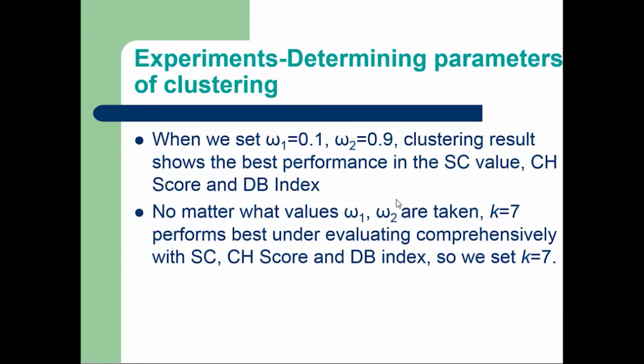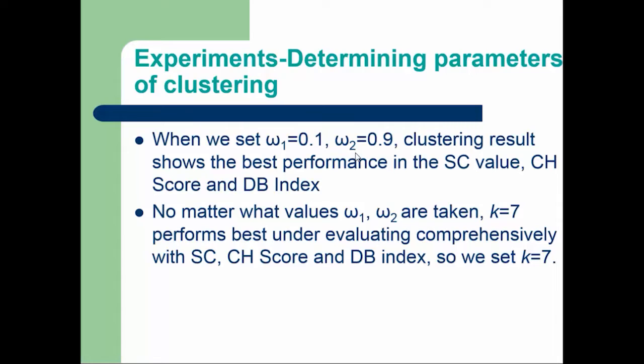From the overall trend, with omega 1 increasing and omega 2 decreasing, the SC score has a trend of decreasing, the CH score has a trend of decreasing, and the DB index has a trend of increasing, which means that omega 2 plays a more important role than omega 1.